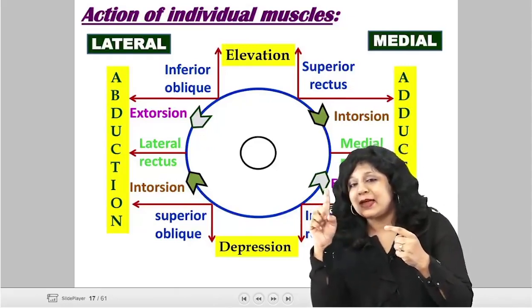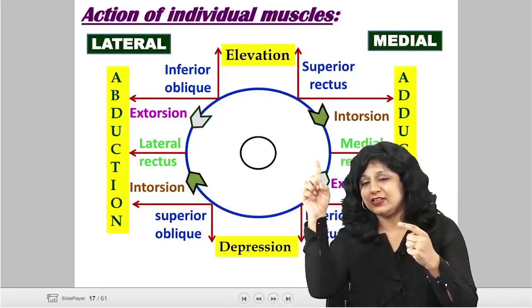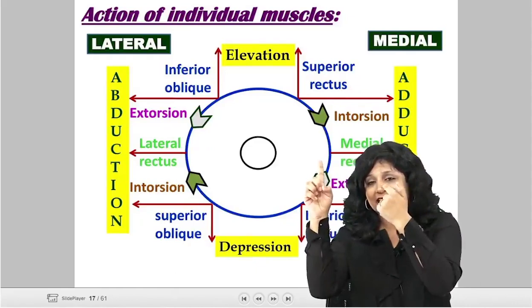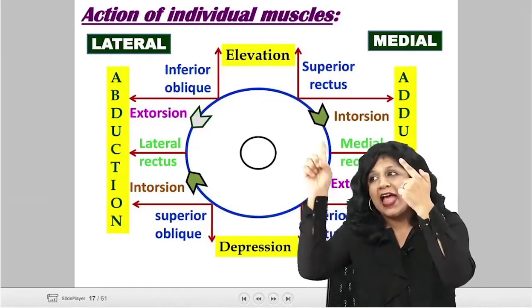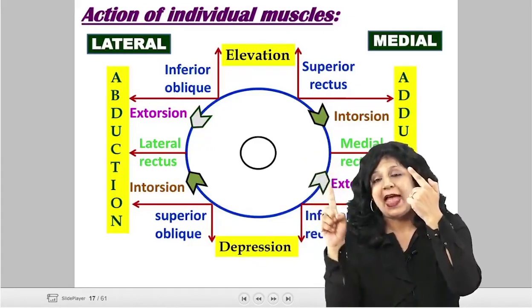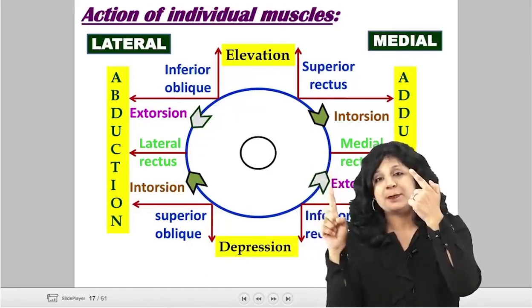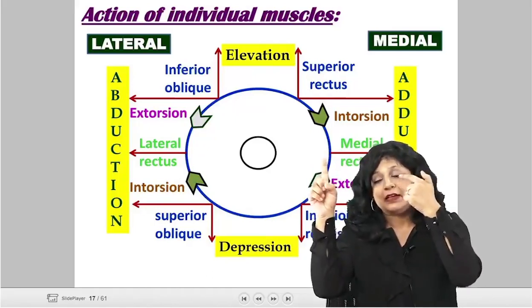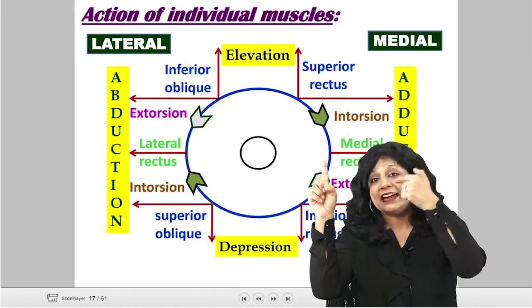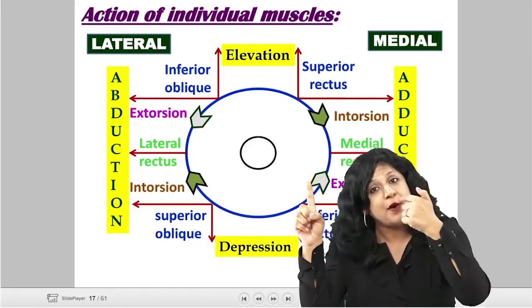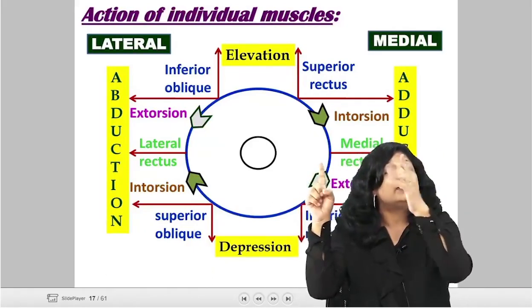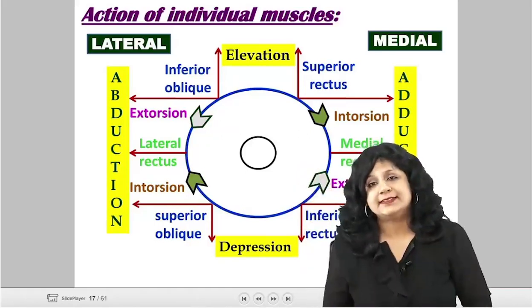Right eye is abducting and elevating, left eye is adducting and elevating. So elevation here in abduction, so right superior rectus, elevation in this eye in adduction, so left inferior oblique. So this is how you are going to get the pair of yoke muscles.